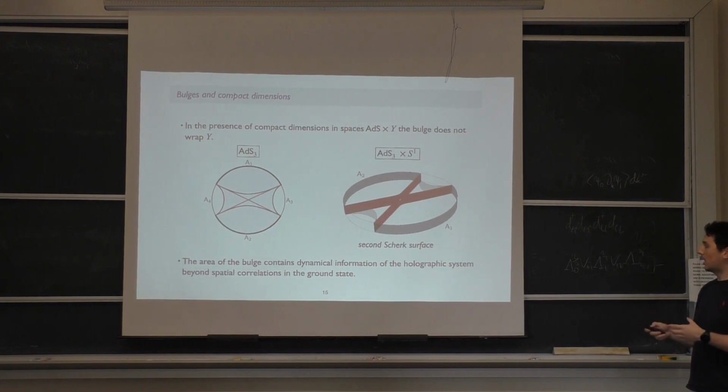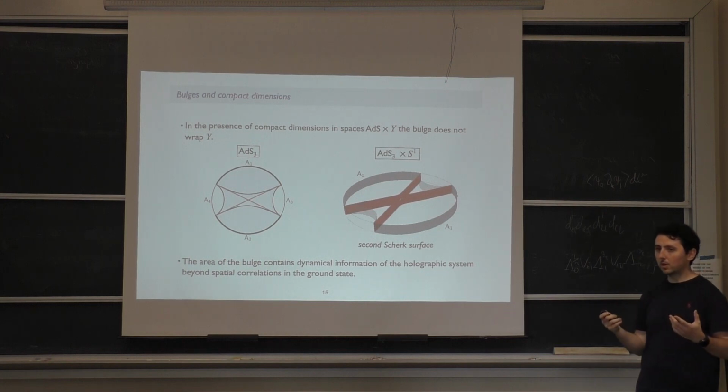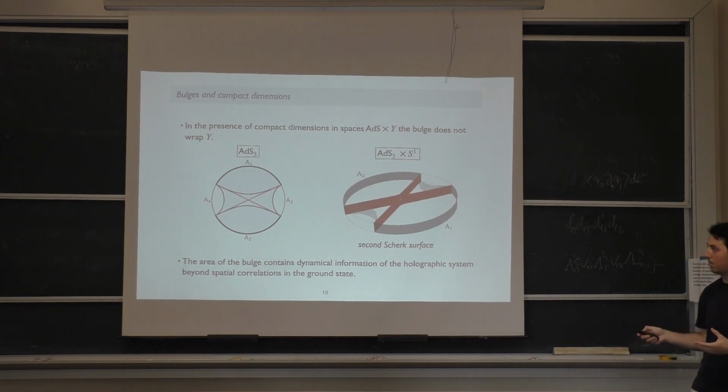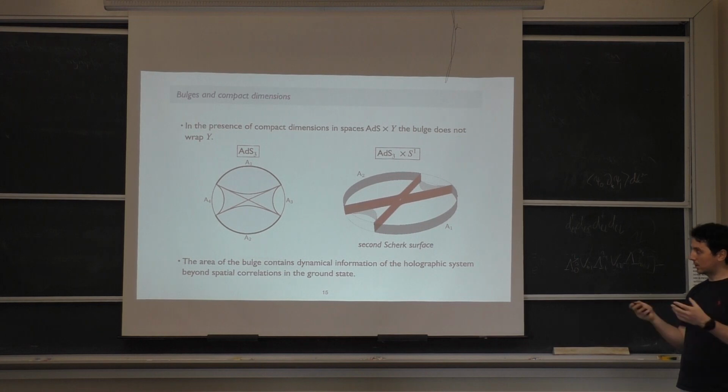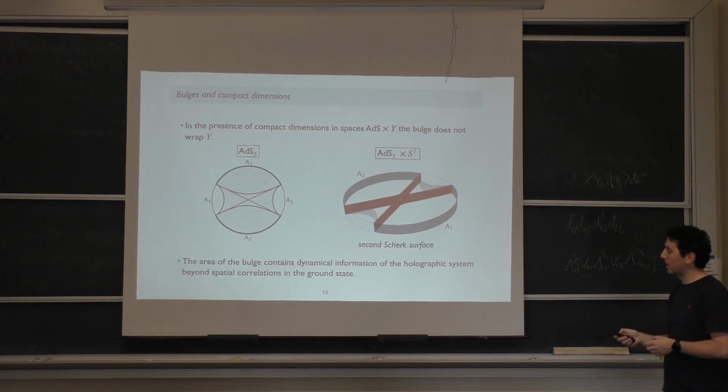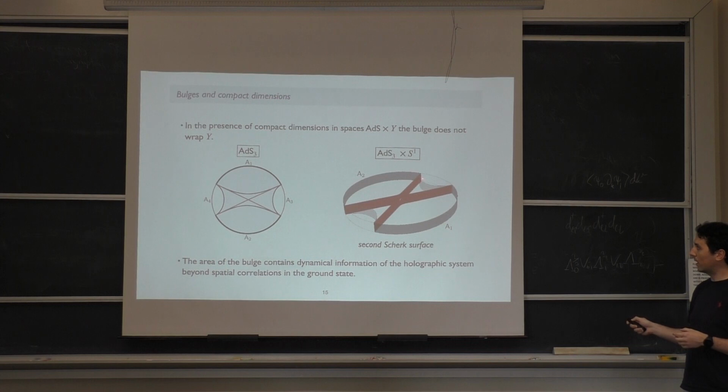In that case, typically what we assume about minimal surfaces is that if the metric is of product form, the surfaces will completely wrap the internal space, and they will just factorize as well. So this is what happens if we add an S1. Here the S1, I just represent it as an interval. You just need to think of it as identifying the two ends of the interval. So the Ryu-Takayanagi surfaces here are just the product of the Ryu-Takayanagi surfaces in AdS3 times the interval.